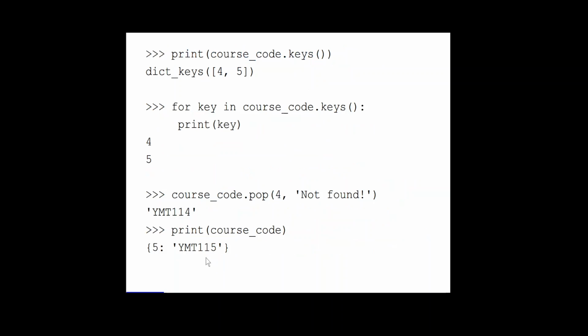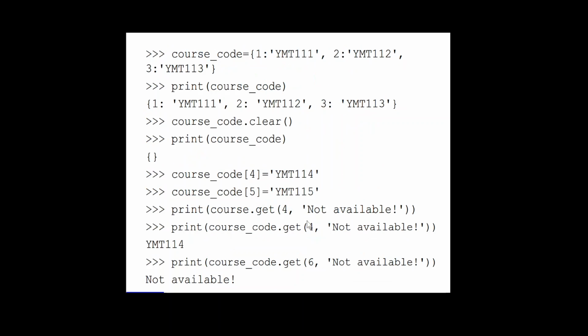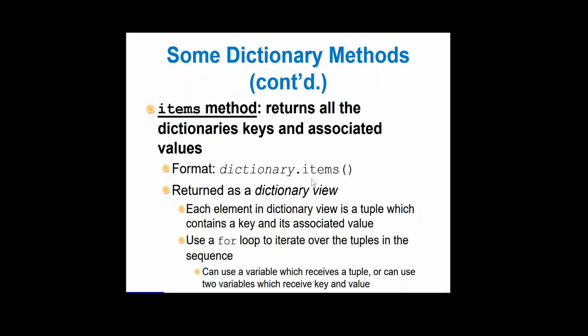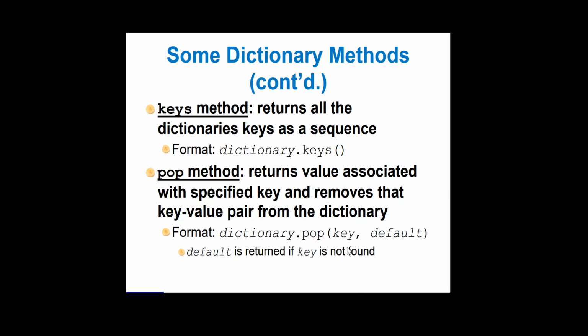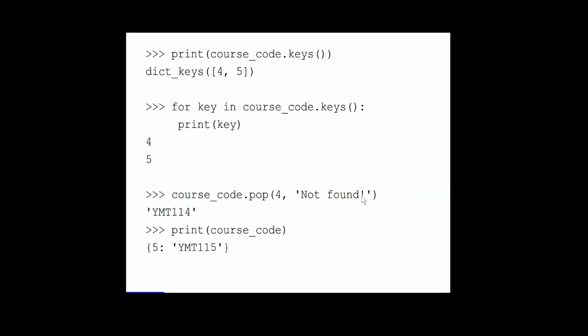So now look, course code.pop. Now we are trying to pop this element 4 attached to whatever it is the value. So 4, we know 4 is attached to 114. Remember here we attached to it Ymt218. So now if I pop 4 with a default message, let's say not found, what will happen?